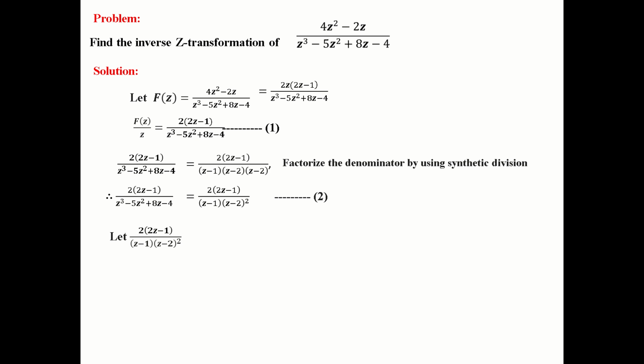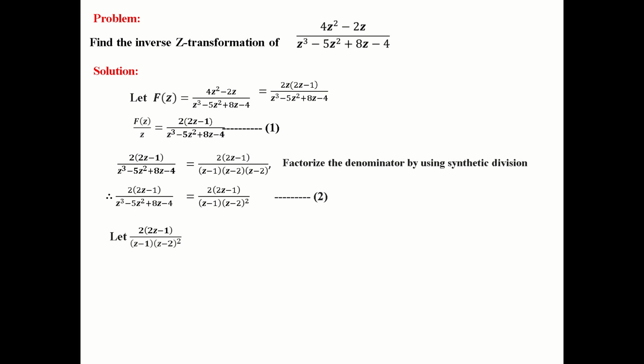So take the coefficients of the polynomial: 1, −5, 8, −4. Adding alternate terms: the z cube coefficient 1 and the z coefficient 8, so 1 plus 8 is 9. Then the other alternate coefficients: z square coefficient −5 and constant term −4, so −9.